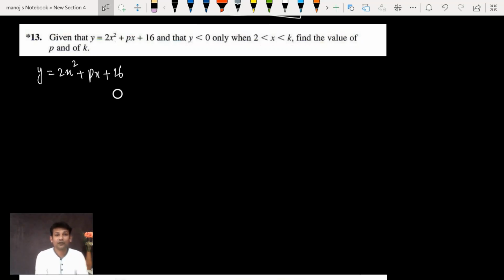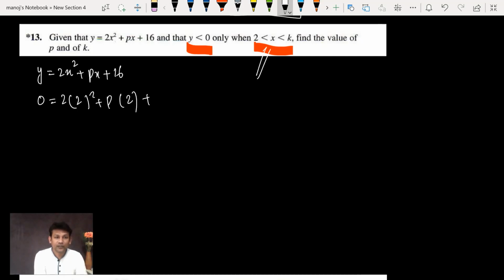The value of x is given here, x is 2 to k, and y should be less than 0. First of all, I will put y as 0 and use the value given here, 2. By using this value of 2, I can get the value of p first of all.